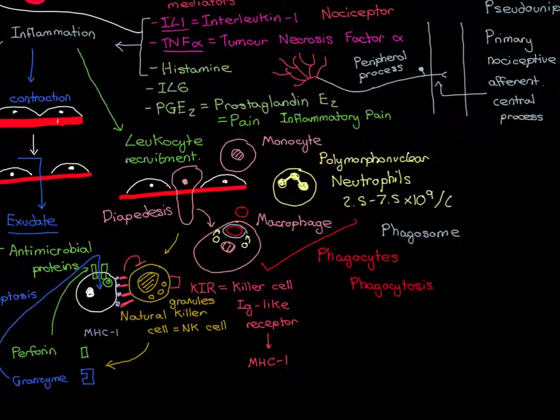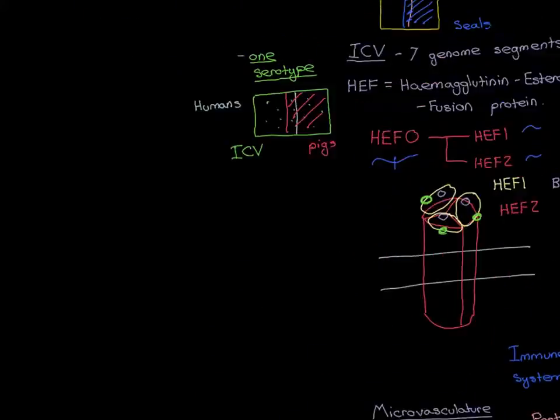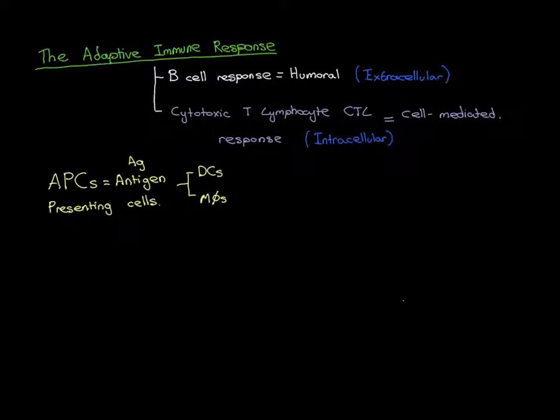So, not only are neutrophils and macrophages phagocytes, but also dendritic cells are phagocytes. They can phagocytose pathogen particles, and then they can unleash their lytic enzymes on those pathogen particles. They will break down all of the proteins of the pathogen down into little fragments.